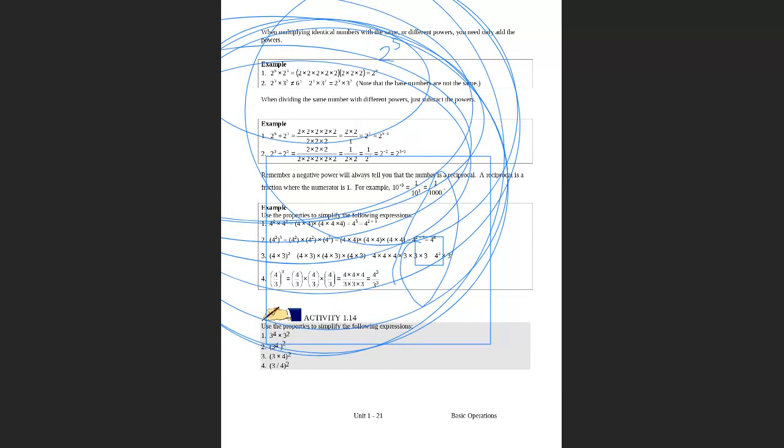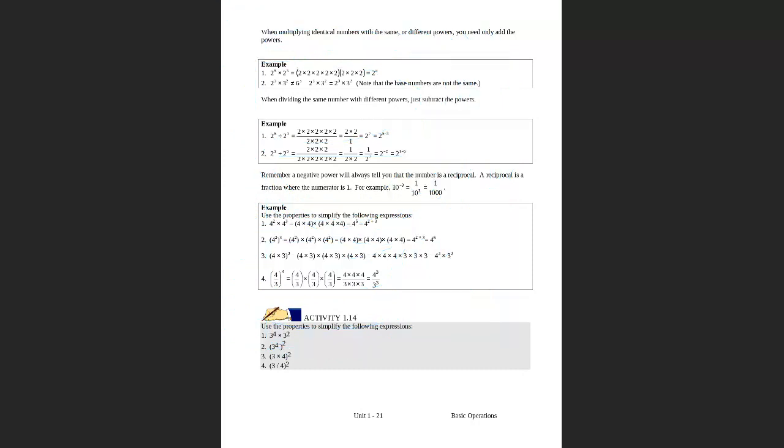Okay, sir. Okay, so when two numbers are multiplying, like 2 exponent 5 times 2 exponent 3, when two digits are multiplying, you add.